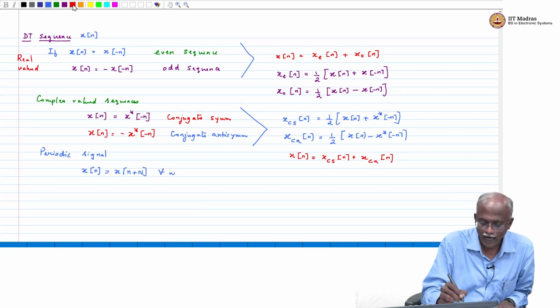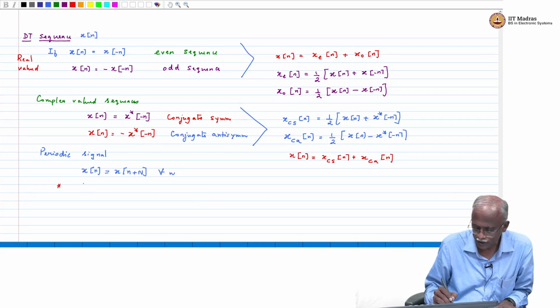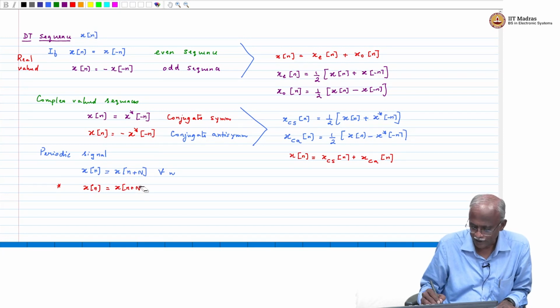Okay. And we also note that x of n will be equal to x of n plus 2N, right? Because if it satisfies for N, you can write it for 2N. Similarly, 3N, 4N, and so on.